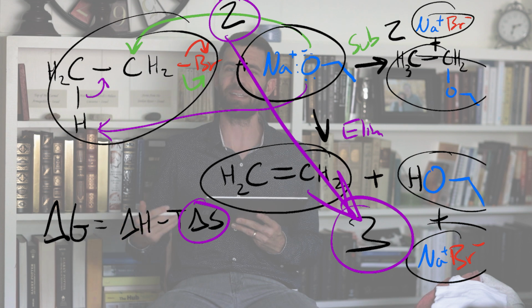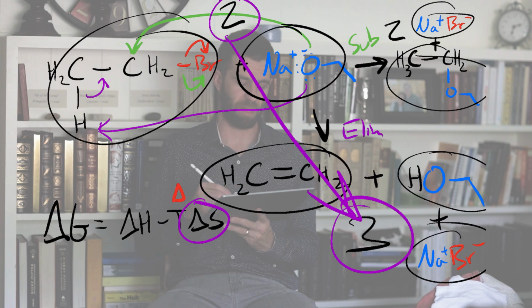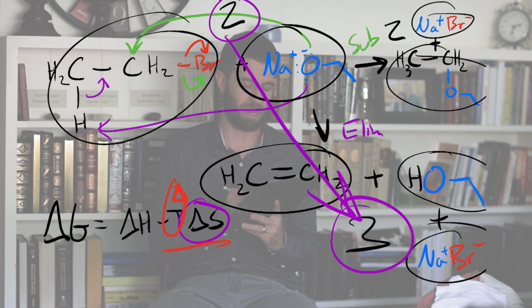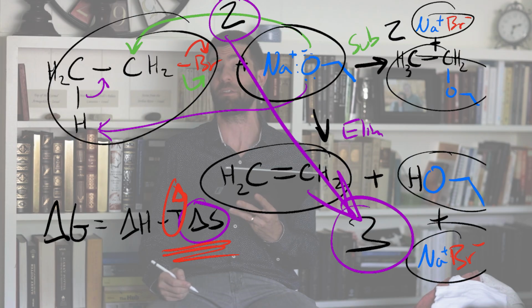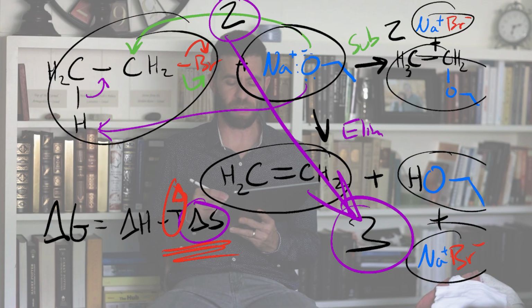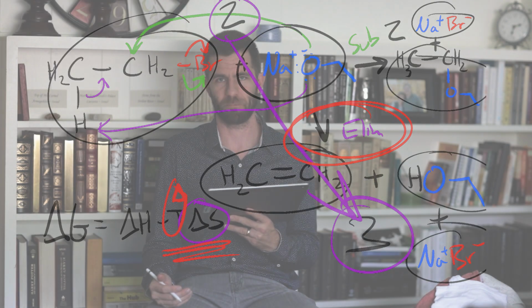It's going to be a nice increase in entropy. Now, what we notice is that there is our heat here, our temperature. If we have more heat, that increases the favorability of this term. This is one of the reasons why, if we heat our product, we can drive it more to elimination because we're forming more products. Okay?